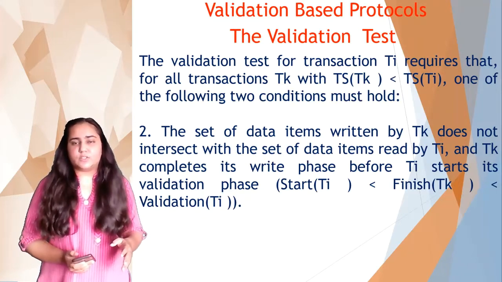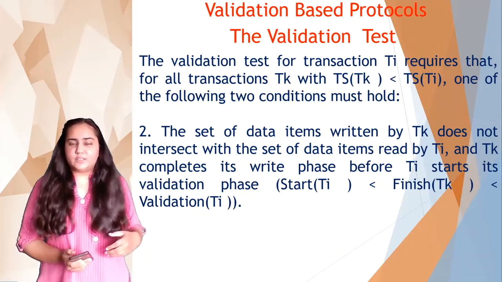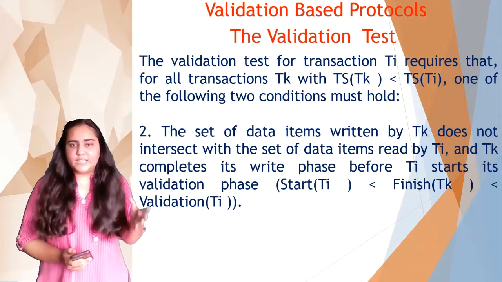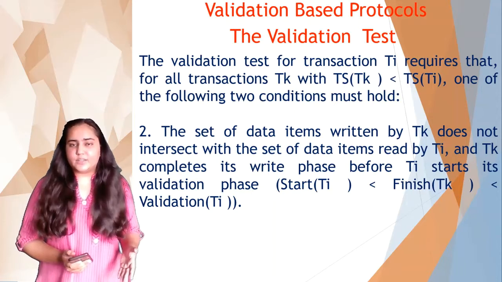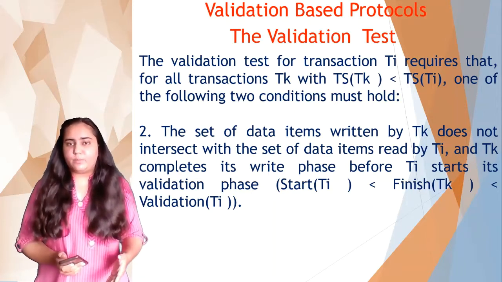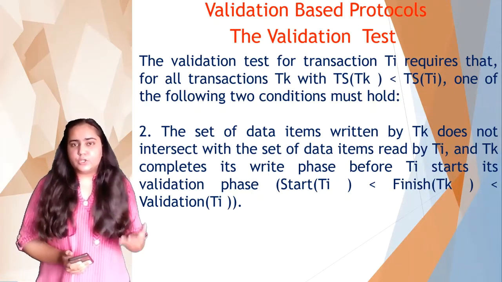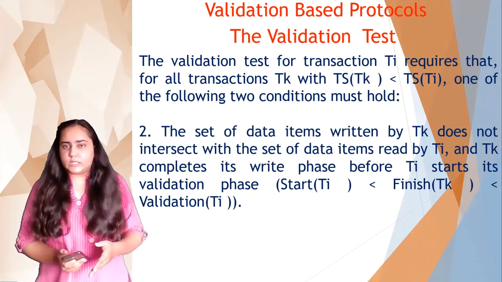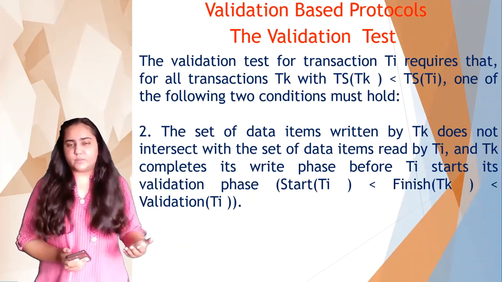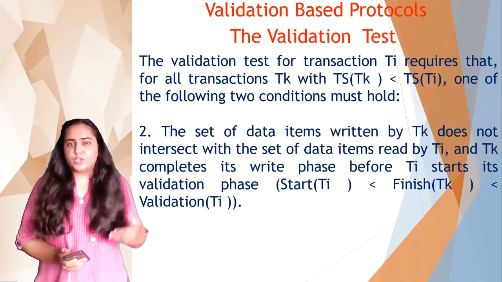If these transactions are updating a certain set of data items, for example A, B, C, D, then this set should not intersect with the set of data items read by Ti, which means Ti should not be reading A, B, C, D. It can read other data items, but not A, B, C, D, which have been written by Tk.